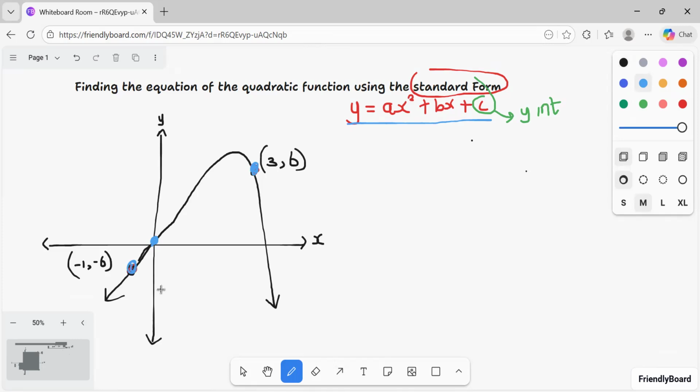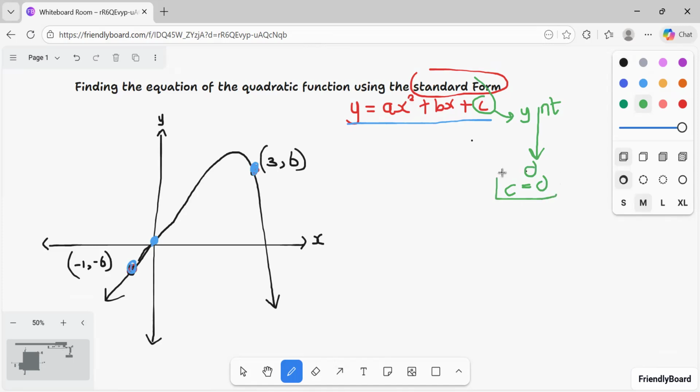All right, so since the y-intercept is 0, we know that c is going to be equal to 0. Why?